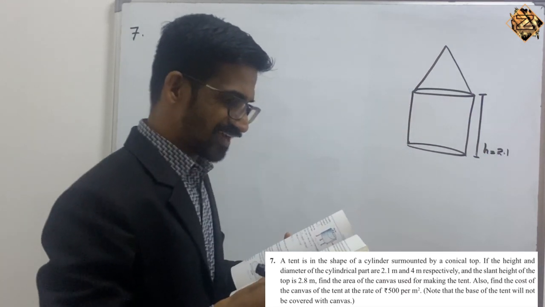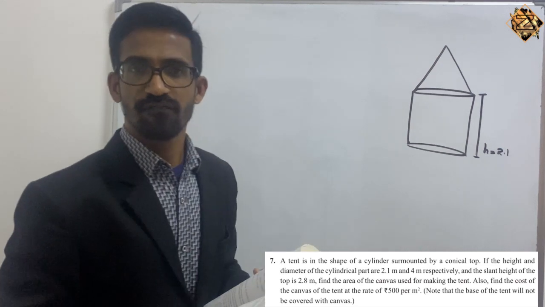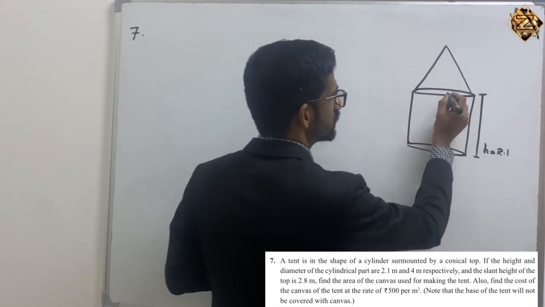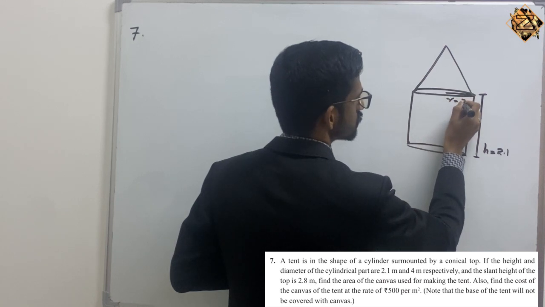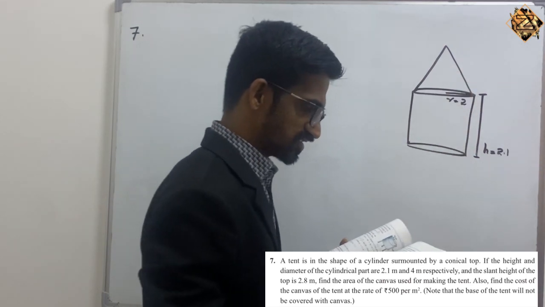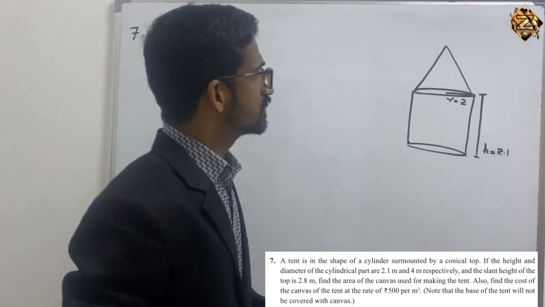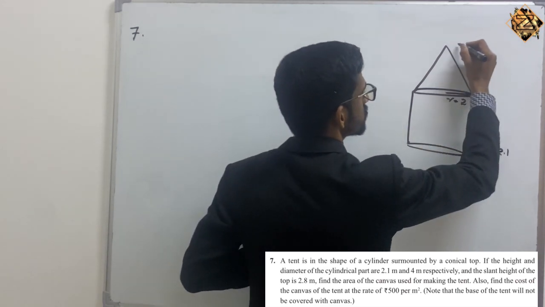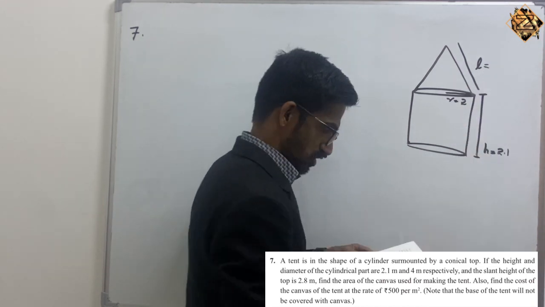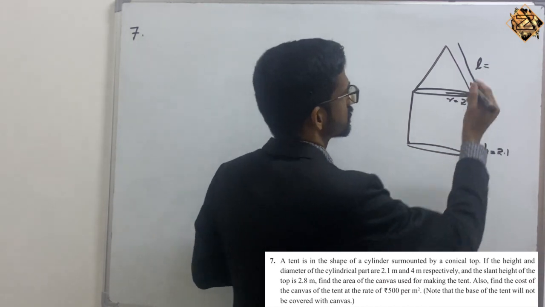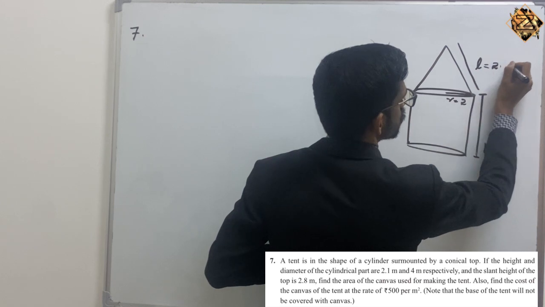The diameter is 4 meter, so radius will be equal to 2. And it's also given that the slant height of the top, that is L, is 2.8 meter.